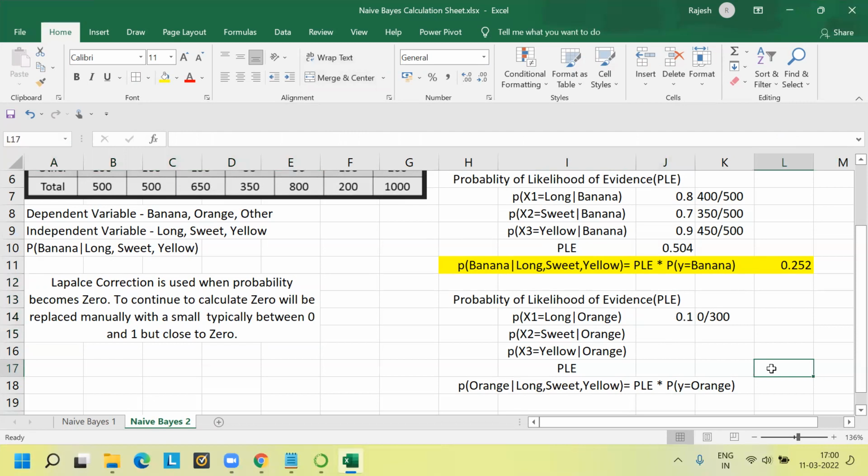Otherwise, if you calculate the other two also, it will become 0, right? To avoid that, Laplace suggested replacing the 0 with a smaller value between 0 and 1, typically closer to 0. So I am taking 0.1. You could take 0.2 also, your choice, anything between 0 and 1, but it has to be replaced from 0.